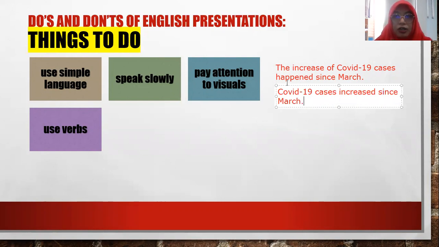So this focuses on the verbs. You want to say that the cases increased, right? That's the point of your sentence. If you say COVID-19 cases increased since March, this will have more effect than saying the increase of COVID-19 cases happened since March. So the focus is blurred in the first sentence, but it is clear in the second sentence, okay?